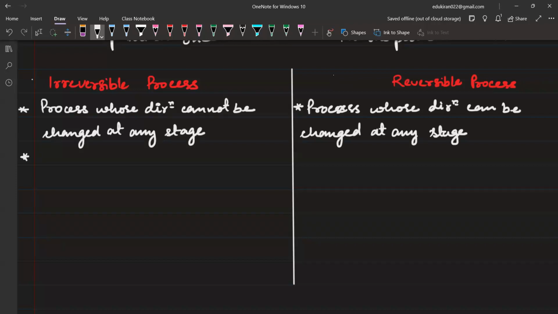Now, next point you will write: driving force is different than opposing force.